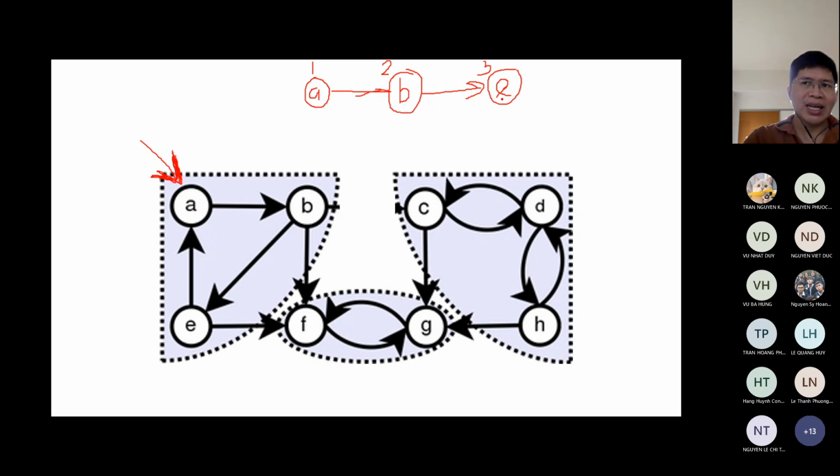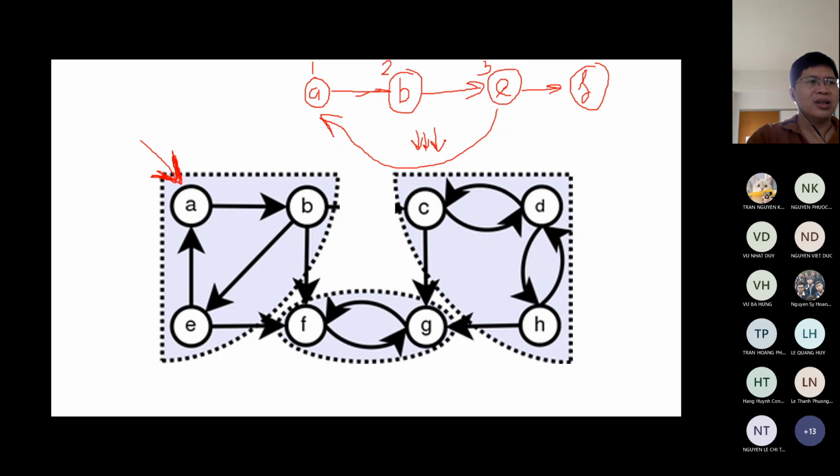So what people say is, if in the DFS exploration, when we try to visit all the neighbors of a node here, E, we have 2 neighbors. One is F, and another one goes to A. This edge, we call it a back edge.